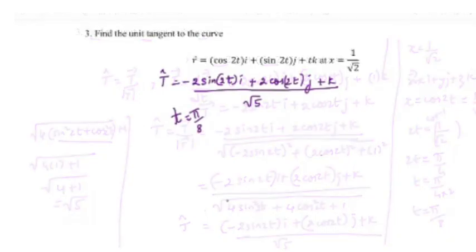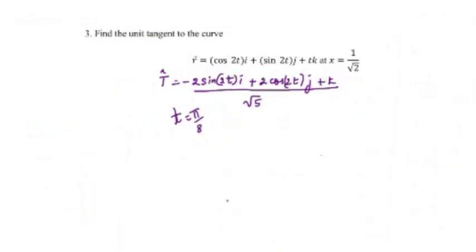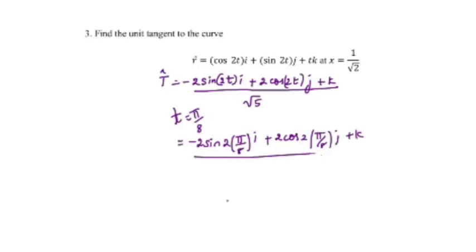Substitute this t value in the unit tangent, t equals pi by 8. It will be minus 2 sin 2 into pi by 8 into i plus 2 cos 2 into pi by 8 into j plus k, divided by root of 5.